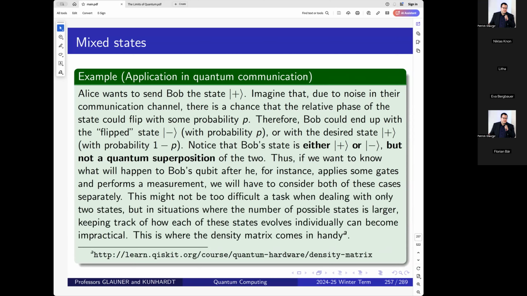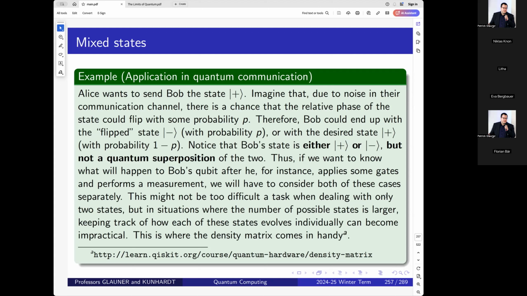We could look at them separately, but this could be quite a difficult task when you deal with more than two states, because there could be far more possible states in a larger system.